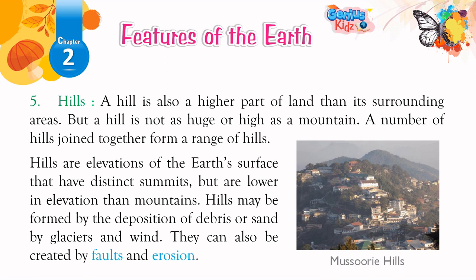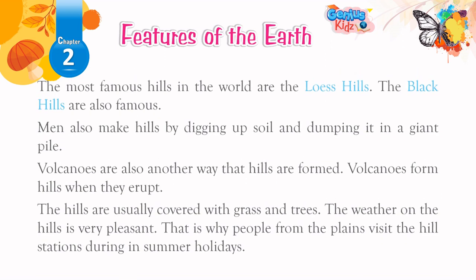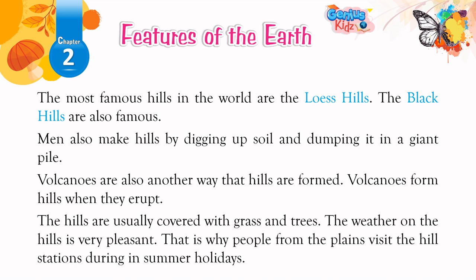Hills may be formed by the deposition of debris or sand by glaciers and wind. They can also be created by faults and erosion. The most famous hills in the world are the Loess Hills. The Black Hills are also famous. Men also make hills by digging up soil and dumping it in a giant pile.